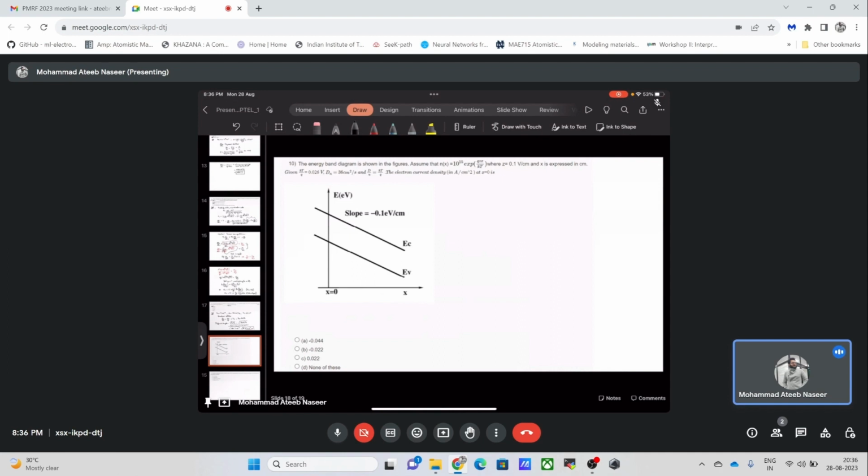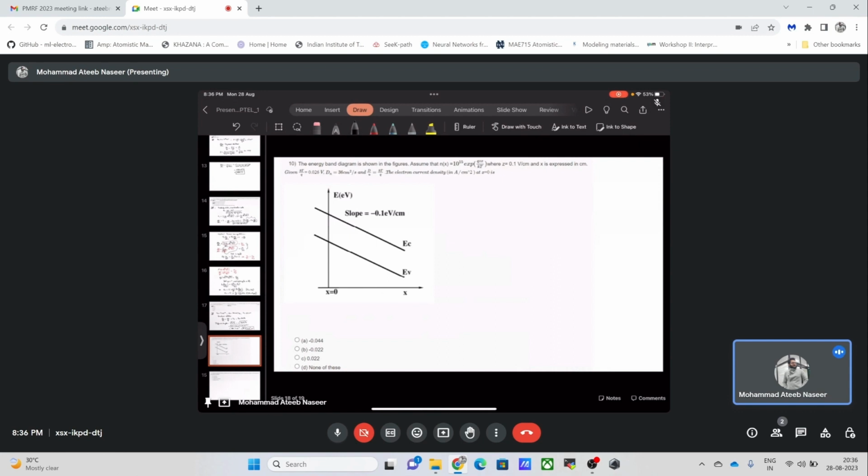We have already seen that there is a relationship between the slope of the conduction band and the electric field. Now, in this problem, we have been given a concentration as a function of x, and we have been told to find the electron current density.